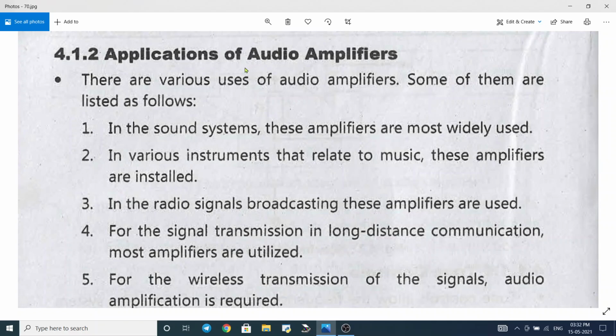Let us see the applications of audio amplifier system. We are seeing the application systems, and the first application system is the audio amplifier. So there are various uses of audio amplifiers. Some of them are listed as follows.